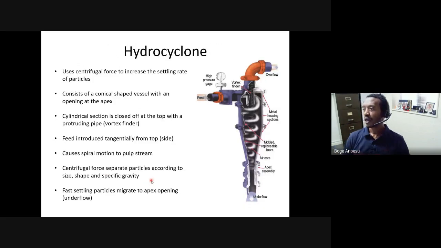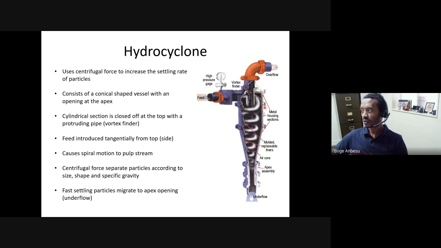So how does a hydrocyclone work? If you are not familiar, a hydrocyclone is basically a conical shaped vessel where your feed is introduced in a particular motion. When you introduce the feed of a cyclone, you introduce it from the top here, and it follows what we call a tangential motion.